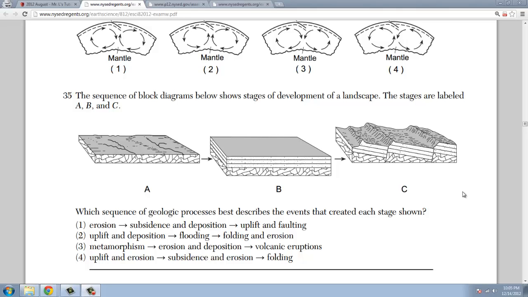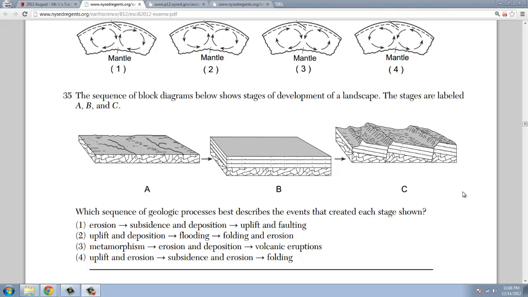So in the second picture, in B, we see that there are 3 new layers on top. So we got to try to figure out what that is. So we look at the second set of answers. Subsidence and deposition.